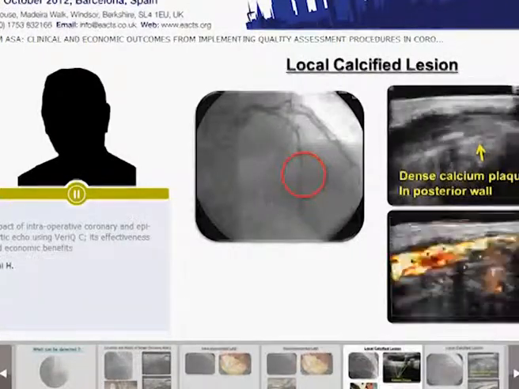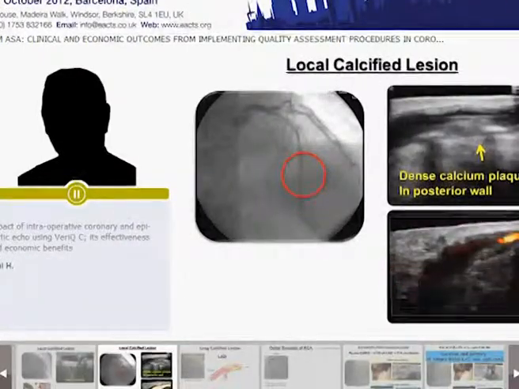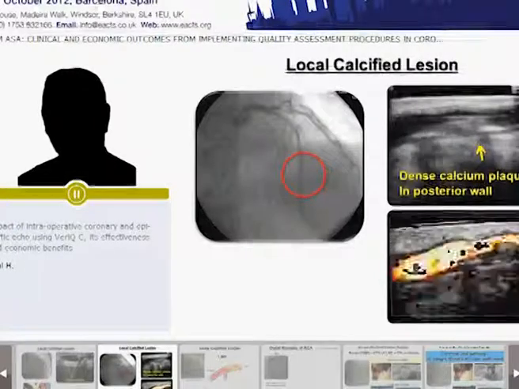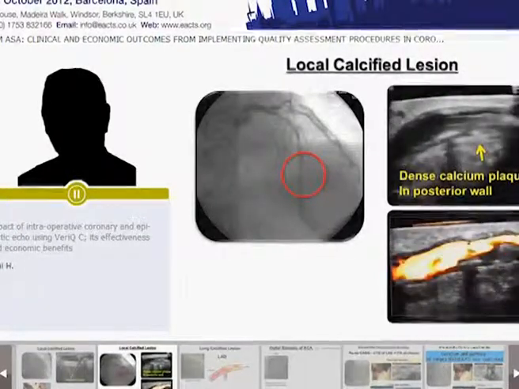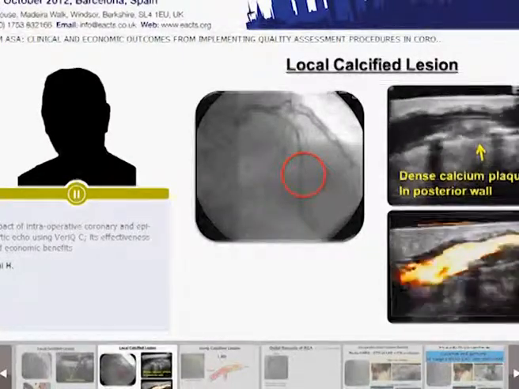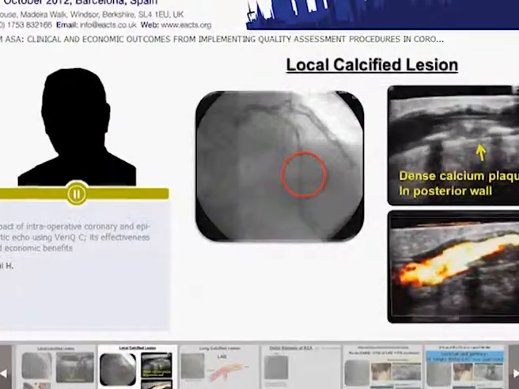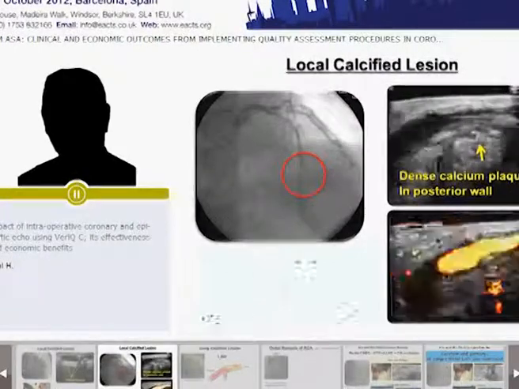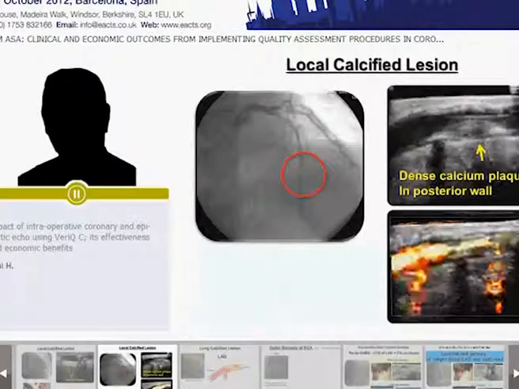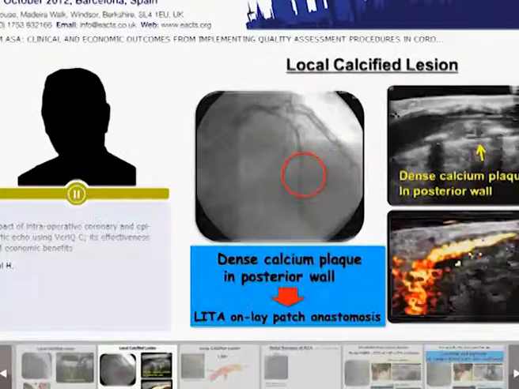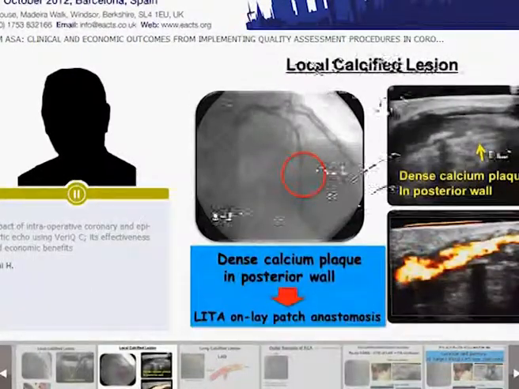In this case, the local calcium is a dense calcium plaque only in the posterior wall. The coronary angiogram does not show which side of the wall the calcium is located in, but this is only posterior wall calcium. So I made an onlay patch anastomosis using a LITA.